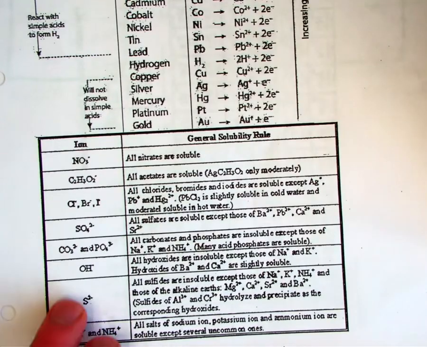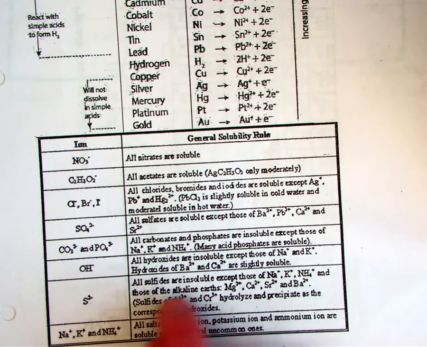Next, carbonate and phosphate. All carbonates and phosphates are insoluble except those of sodium, potassium, and ammonium. So, if you see a carbonate or phosphate, likely that will remain as a solid. All hydroxides are insoluble except those of sodium, potassium, and barium.